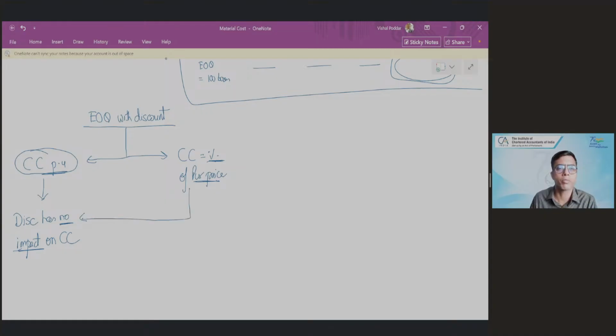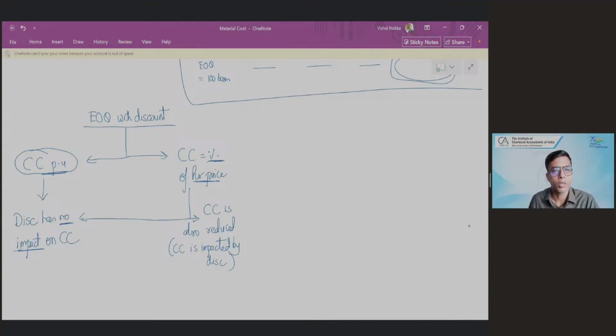First, we still retain the same, that carrying cost is not affected. But the second answer is that carrying cost is also reduced. Also reduced means the price was reduced, so because of the reduction in price, you will also reduce the carrying cost. It means carrying cost is impacted by discount.